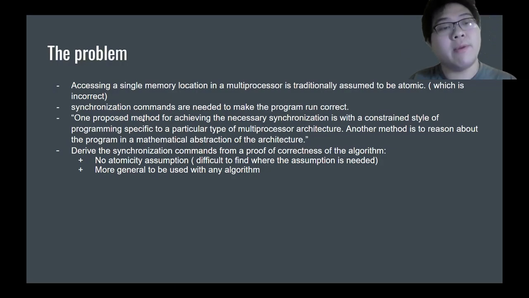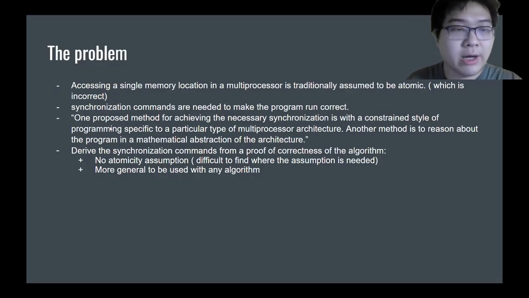Some of the methods that were proposed before to achieve this synchronization are to use a constrained style of programming specific to a particular type of multiprocessor architecture, or to reason about the program in a mathematical abstraction of the architecture.